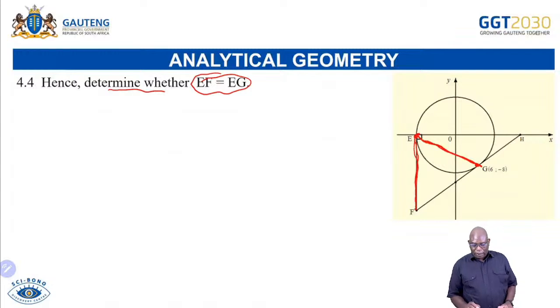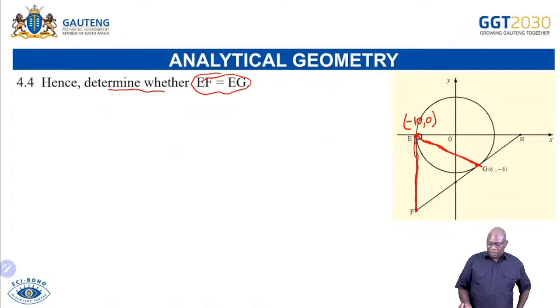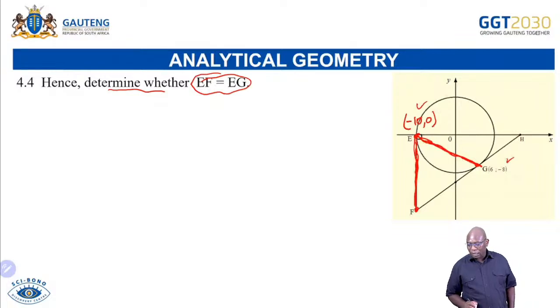So for me, I've got the E point. The E point is negative 10 and 0. That point here, I do not have. That length I can get because I've got the 2 points. Now my problem will be here to get EF, because I really need to get EF. But what do I know about EF?